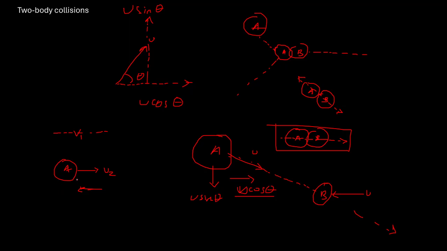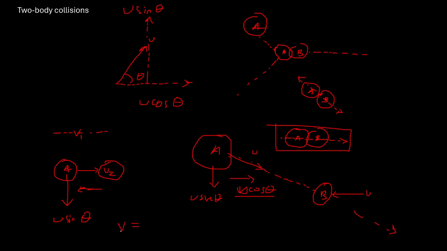Once again, direction doesn't matter unless you take the variable properly. So A should also have a v2 like this, right? Well, yes, it does have a horizontal component of velocity, which can be 0 as well, but it does change because there is still that vertical velocity u sine theta that wasn't affected. And because that vertical velocity was never affected in the momentum collision, you would have the new speed.